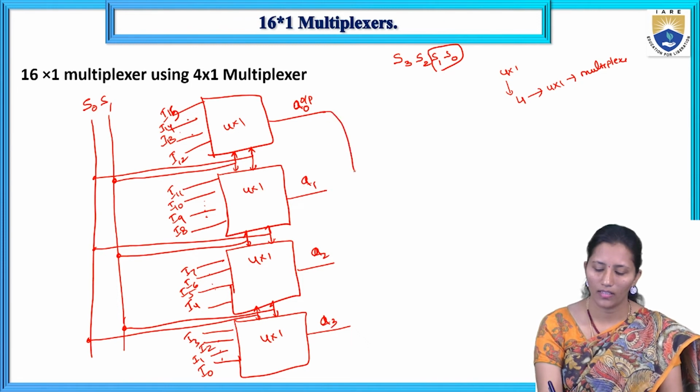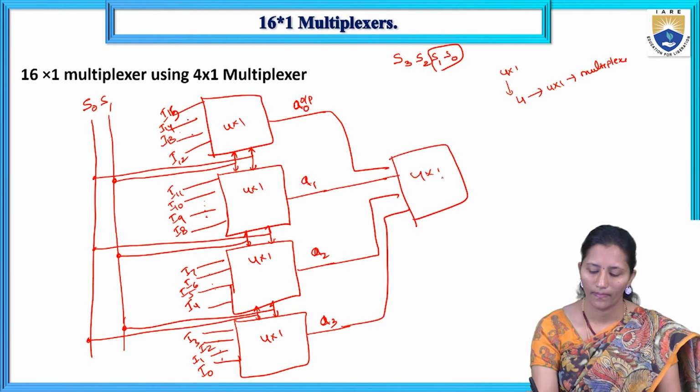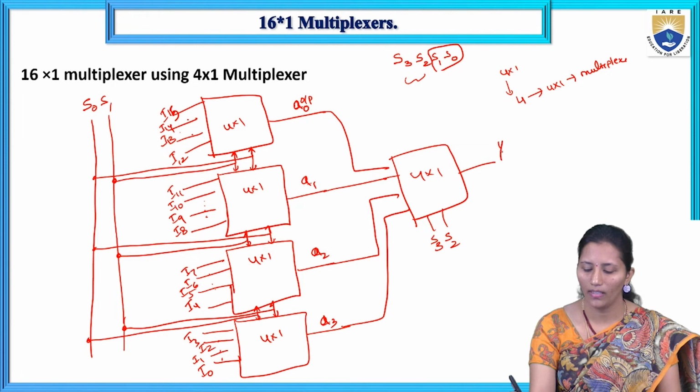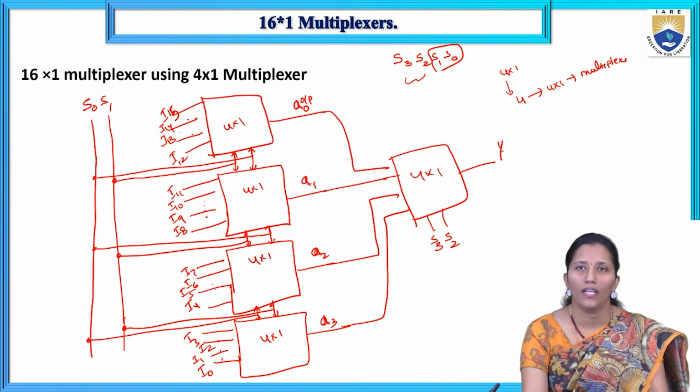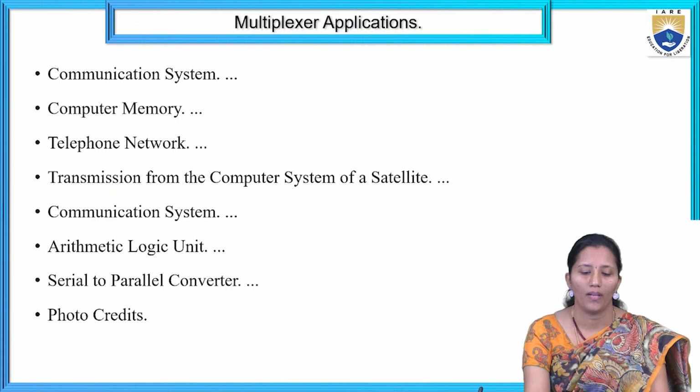So again these outputs are given to a 4x1 multiplexer. Here the selection lines are the remaining S3 and S2. We are going to get one output here. This is the realization of 16x1 multiplexer using 4x1 multiplexers. Here we are using totally 5 4x1 multiplexers to realize the 16x1 multiplexer.